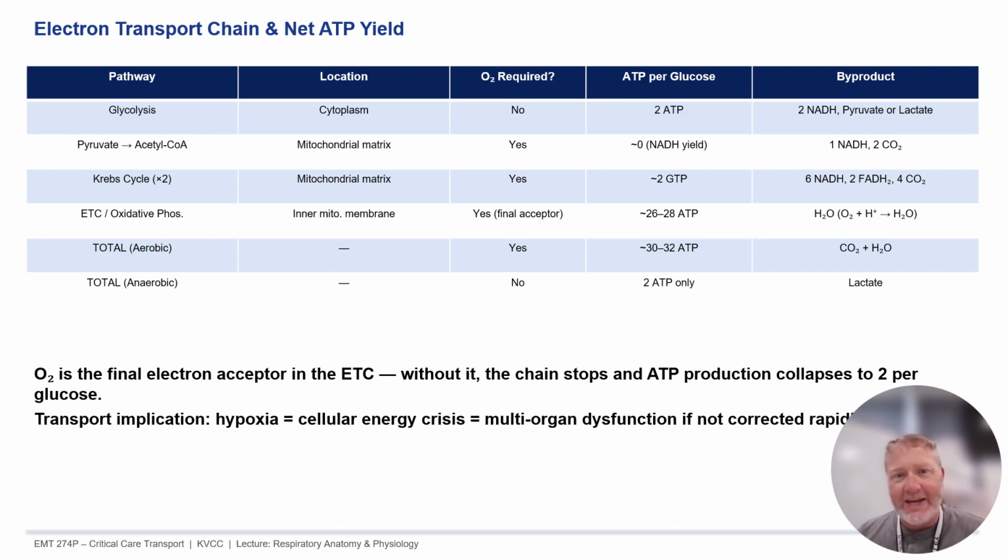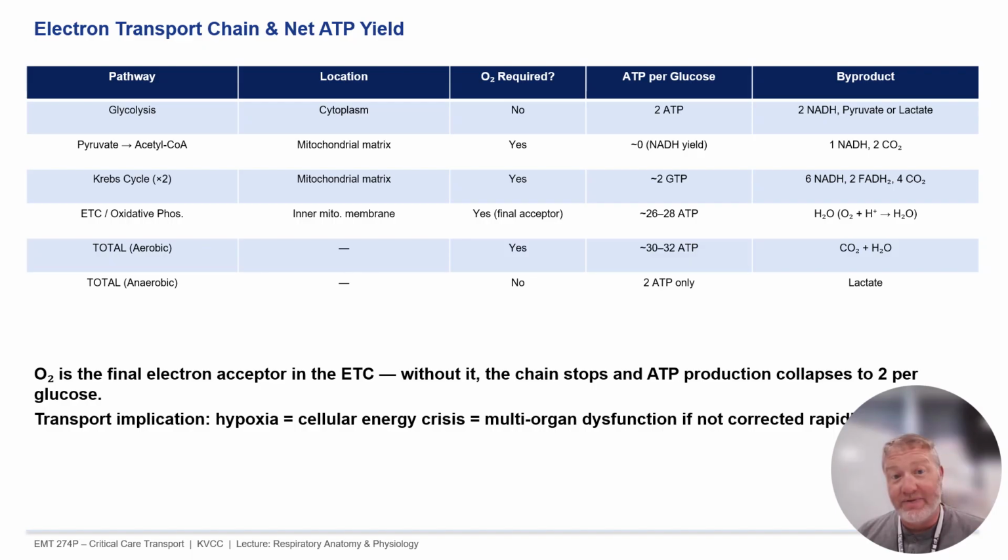As electrons pass through the chain, they drive proton pumping across the membrane, creating a gradient that powers ATP synthase, the molecular motor that produces ATP. At the end of the chain, oxygen accepts the electrons and combines with hydrogen to form water.